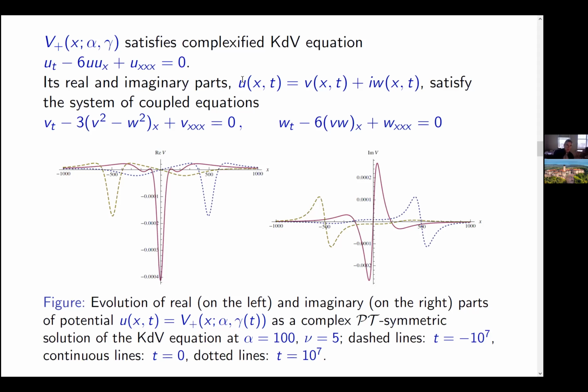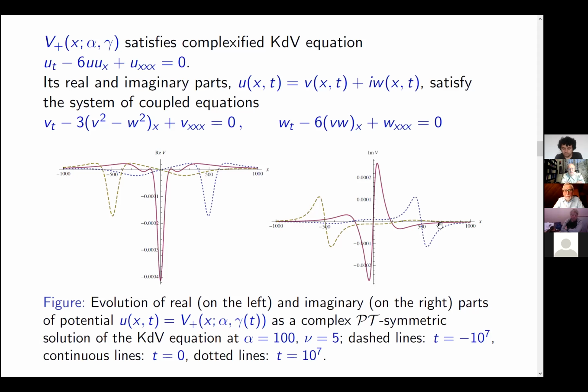So you see here on these two pictures, it is shown the evolution of the real and imaginary parts of the potential V plus. By a dashed line, it is shown the form of the real part of the potential V plus for a very big negative value of the time parameter. The continuous form of the real part of this potential corresponds to the time equal to 0, and the dotted form of the real part of the potential is shown for a very big positive value of the time parameter.